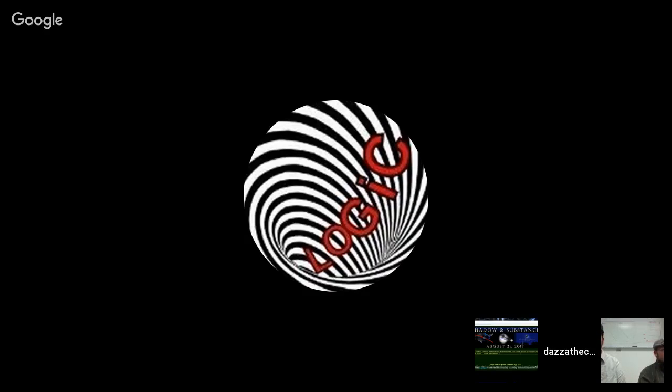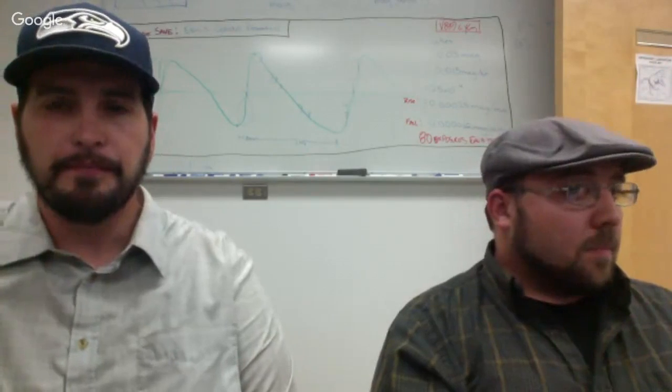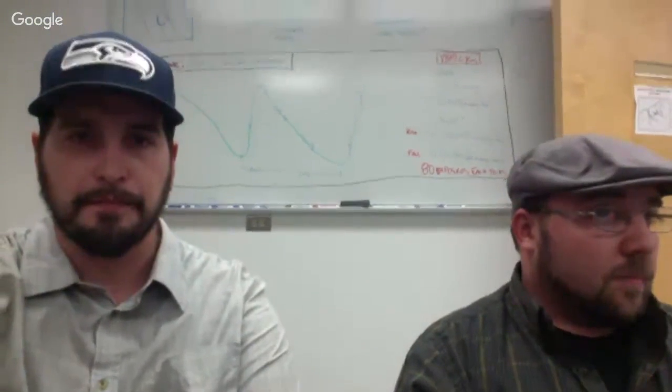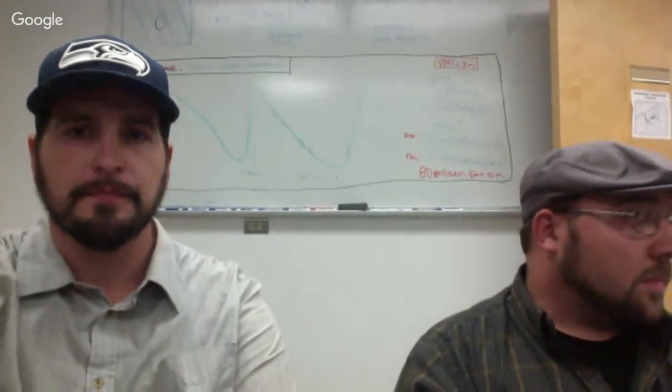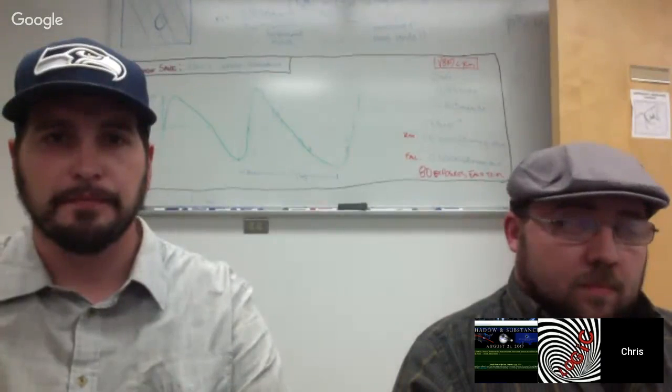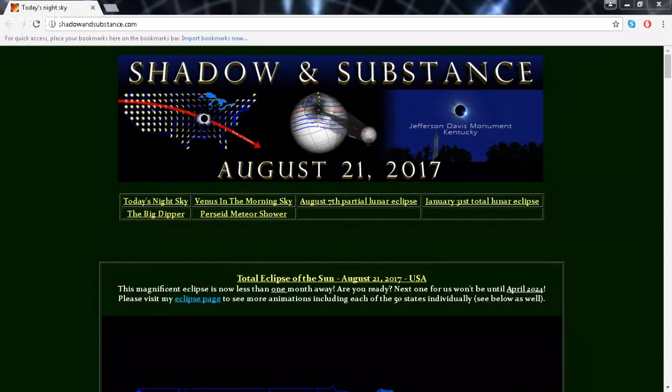Now, we've got this eclipse coming up next month. I'll just swap screens for a moment. This is something that I shared earlier, which is the website Shadow and Substance by my friend Larry, who was hoping to join me earlier. Unfortunately, he had to cancel.